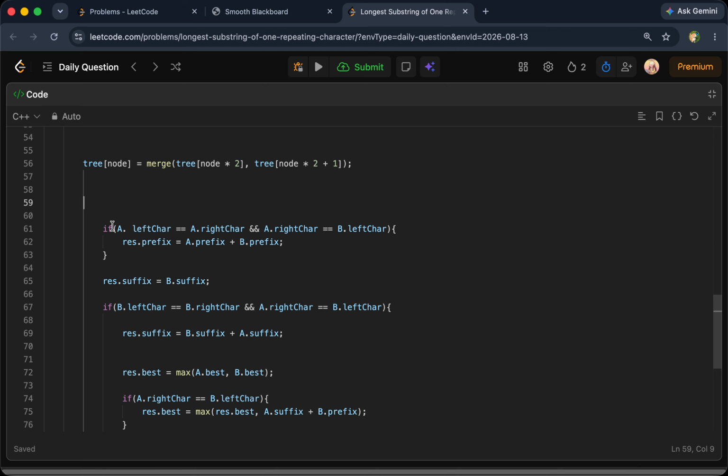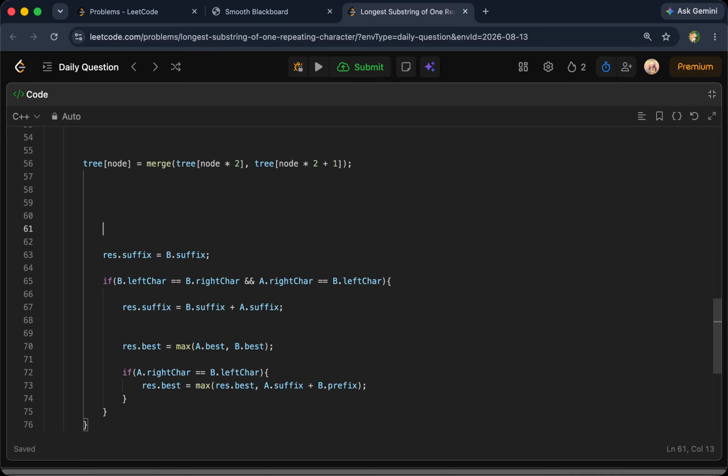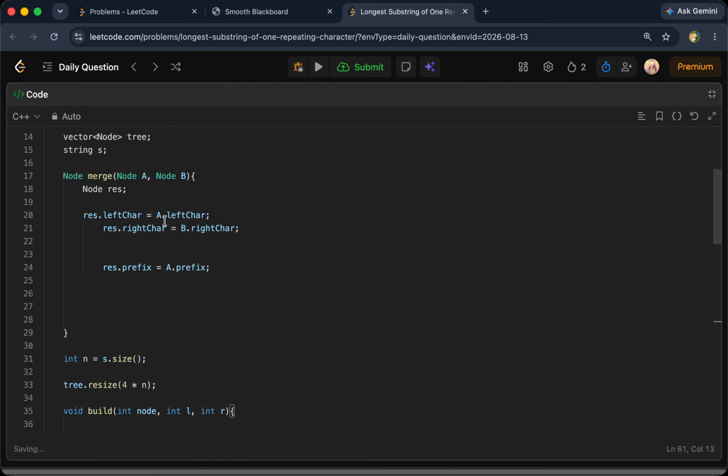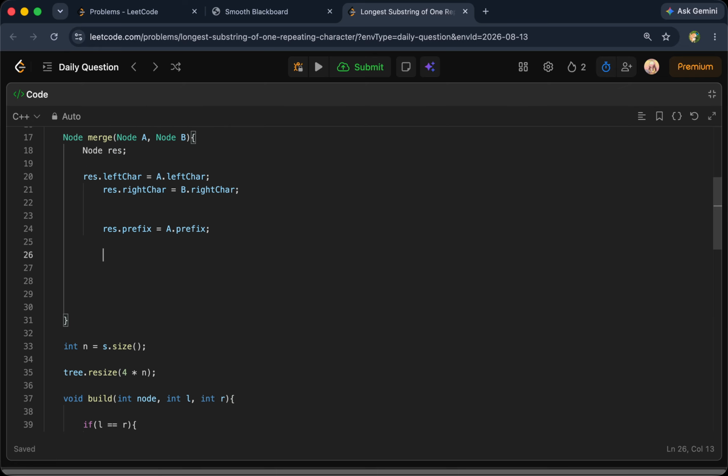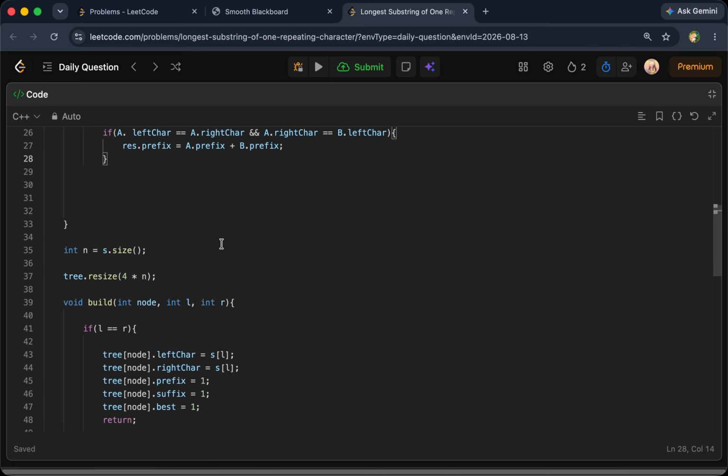Then if, first let me fix this incorrect position.